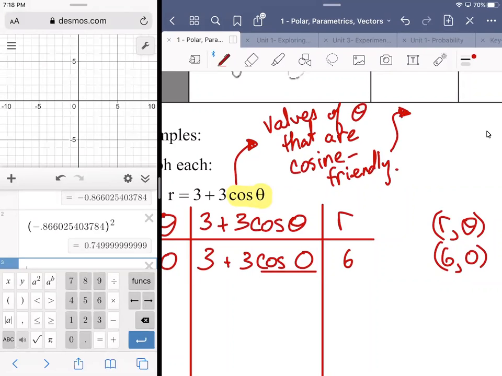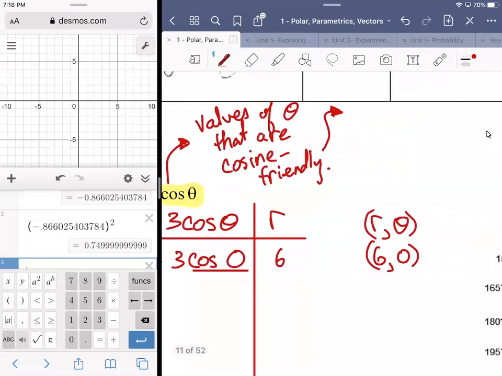Anything that's a quadrantal angle, so anything that falls on an axis, is going to be cosine friendly. So quadrantals. All right, so that's your poor quality squiggly bracket. 0, pi over 2, pi, 3 pi over 2, and so on.